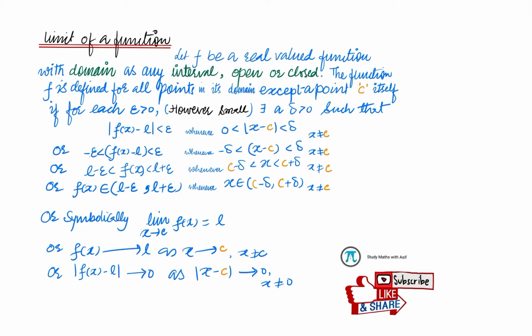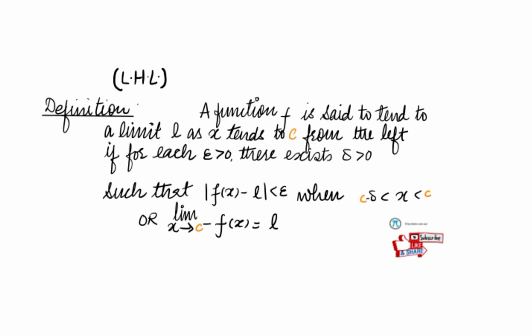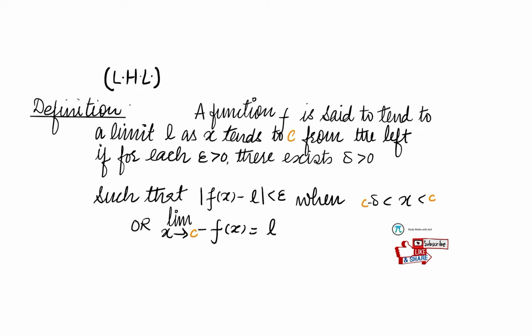So now let's talk about the limit of a function, which you see on the screen, though I will not discuss the limit of the function, rather I will discuss the left hand limit. So this is the left hand limit. Here you see the function f is said to tend to a limit as x tends to c.